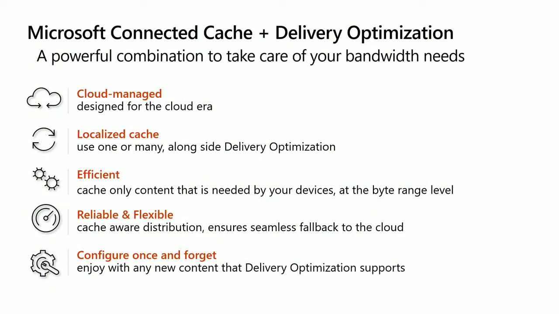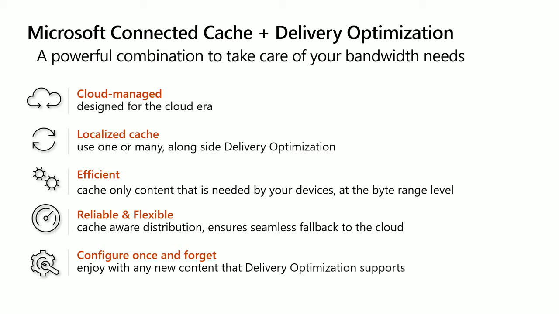As she had earlier mentioned, if you finely tune your network, you could see that 75 to 80%, but most people don't see that. Well, working with DO client and Microsoft Connected Cache, you should be able to see much better results.